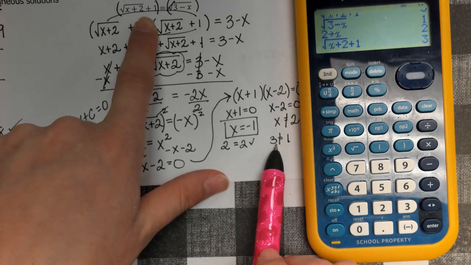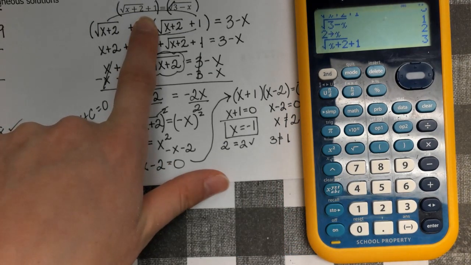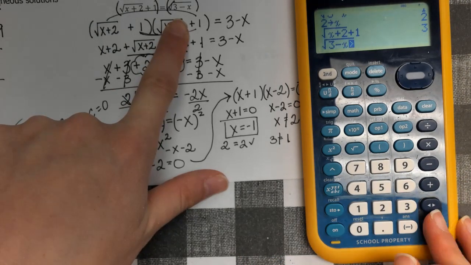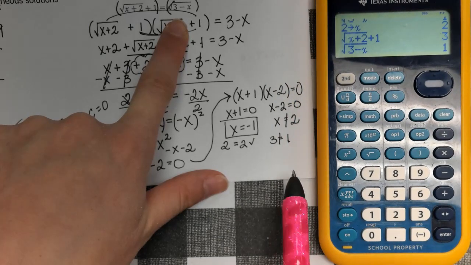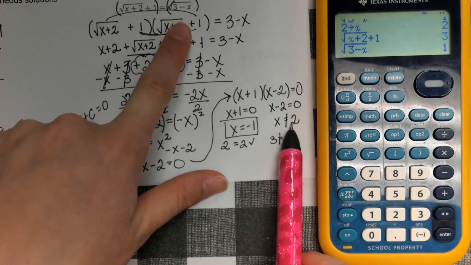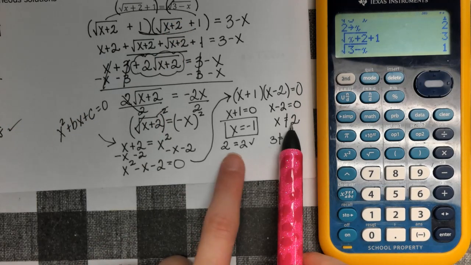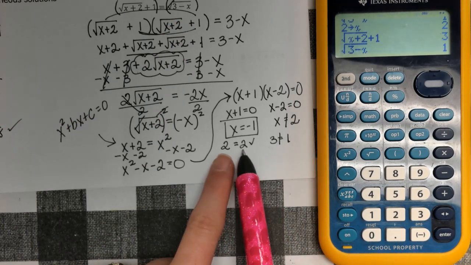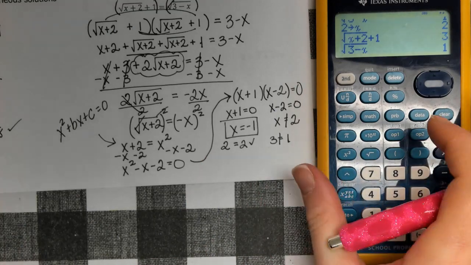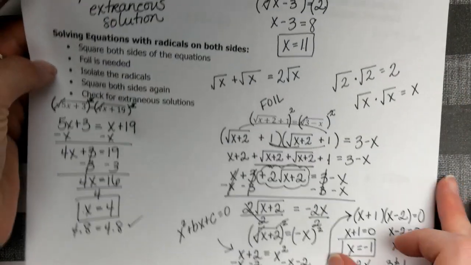You don't have to do that, but I write it down so you can go back and reference. And then the right side, square root of 3 minus x, gives me that 1. Because they're not equal, the left is not equal to the right, that's what makes this one extraneous. But when I stored -1, they were both equal, so that's why that's a solution. Left is equal to right. Okay? Other questions?